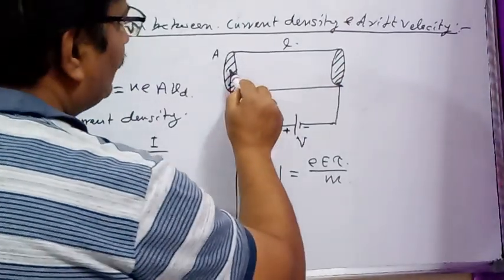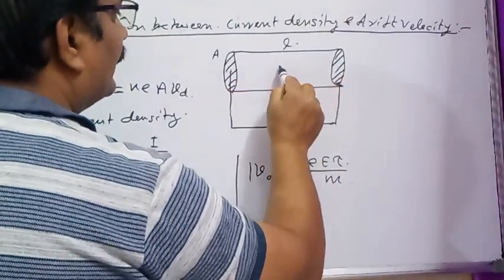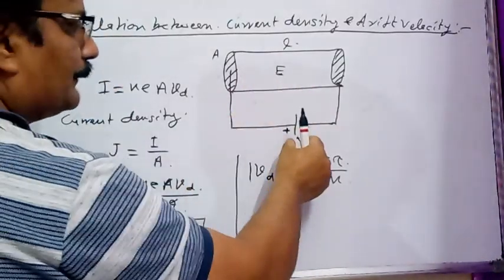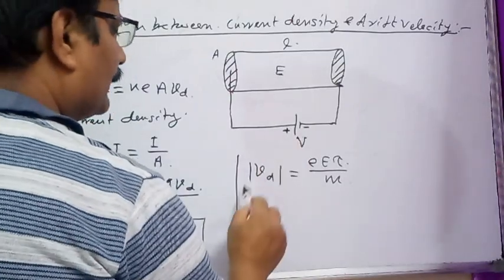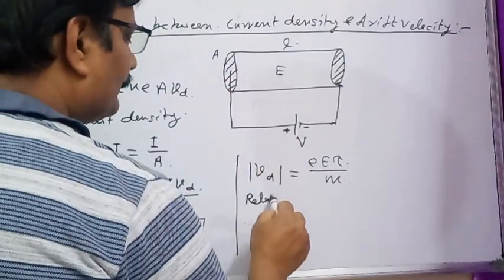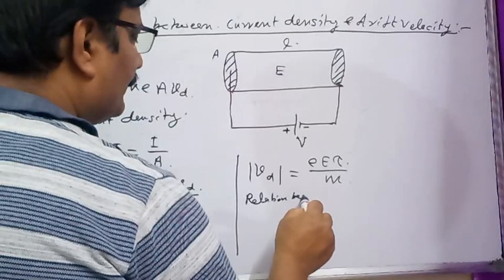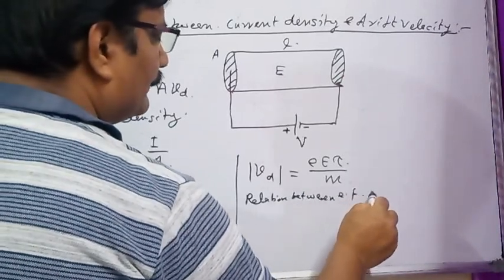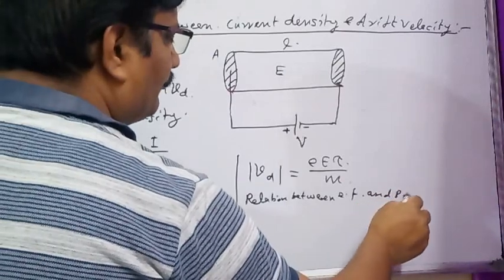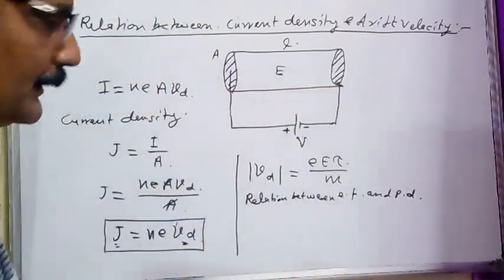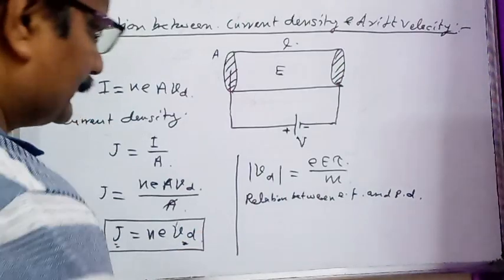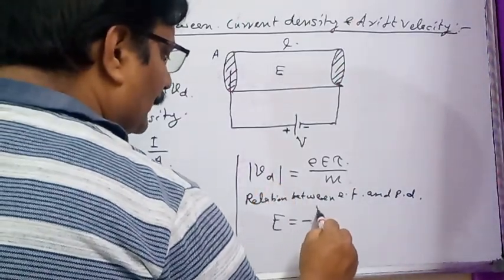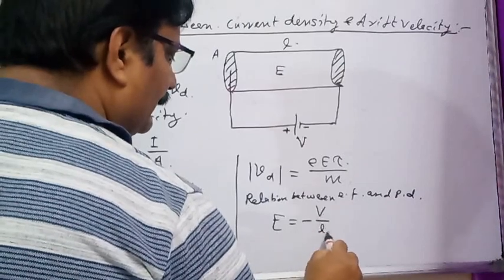As you know, if the length of the conductor is L and the electric field at any point inside the conductor is E due to application of this potential difference, then what can be the relation between electric field and potential difference? Numerically, E is equal to minus potential difference V divided by L.